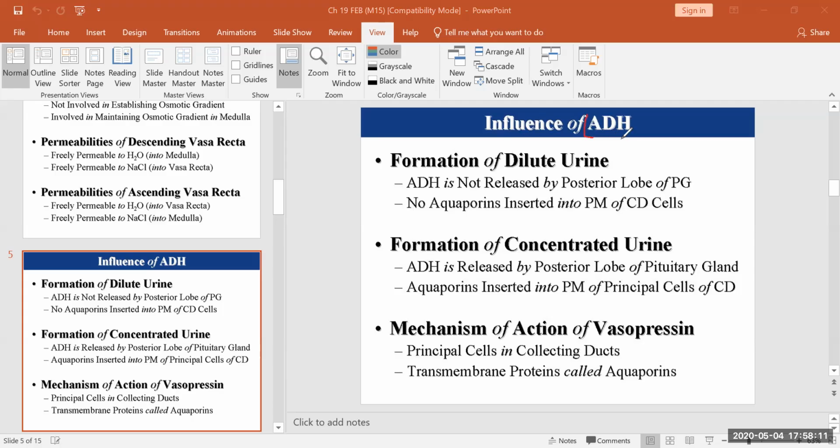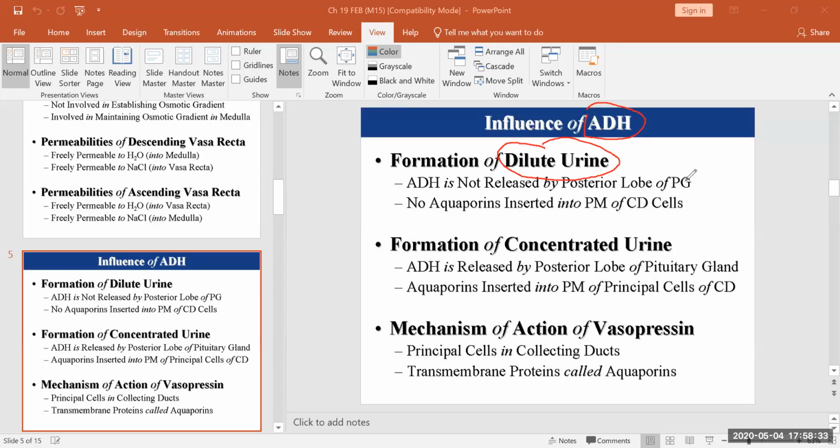Okay, so this is a hormone, antidiuretic hormone. So when you have dilute urine, meaning when you are properly hydrated, ADH is not released by the posterior lobe of the pituitary gland.